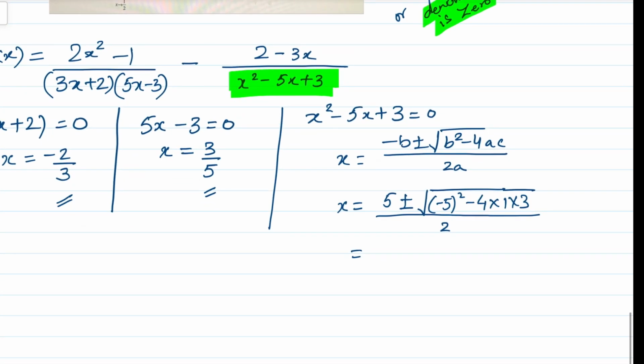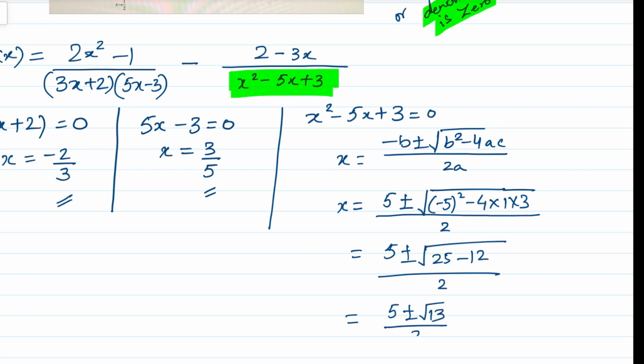That gives us 5 plus minus the square root of 25 minus 12, over 2, so it becomes 5 plus minus square root of 13 over 2. That is the value of x.